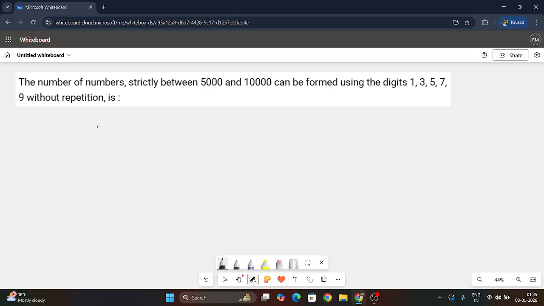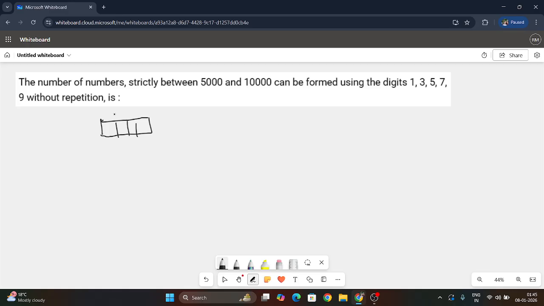So take the 4 digits, and the other possibility can be 5 digits also.